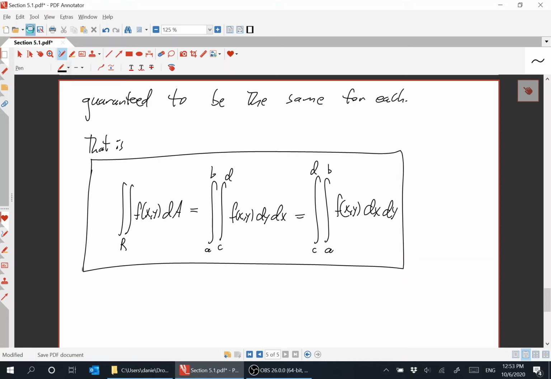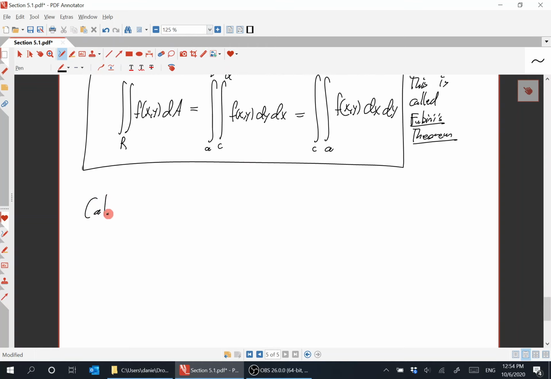So let's do a nice example that shows how we calculate this in two different ways. Oh, by the way, this is called Fubini's theorem. All right.